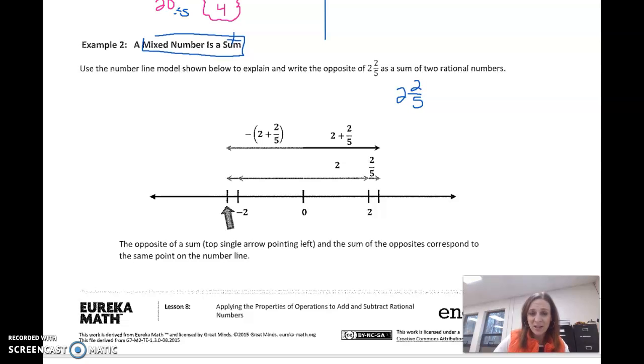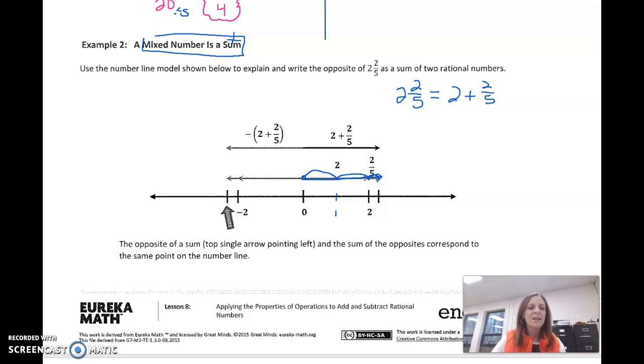Well, if I start at 0, I am going to go to the right 1, 2 times. And then I'll go another 2/5. So a mixed number really is a sum. It's putting together 2 and 2/5.